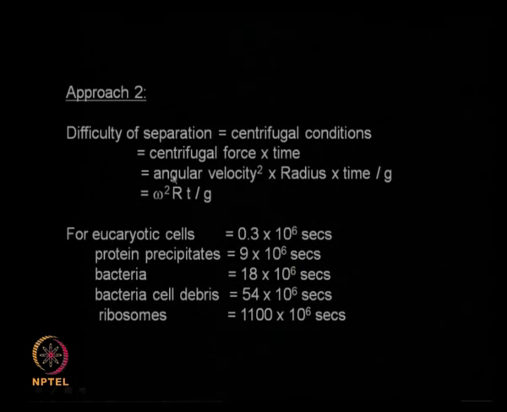It only depends upon the type of material, it does not depend upon the hardware details, understand. Type of material means it could be bacterial, eukaryotic cells, protein, cell debris, or ribosome.